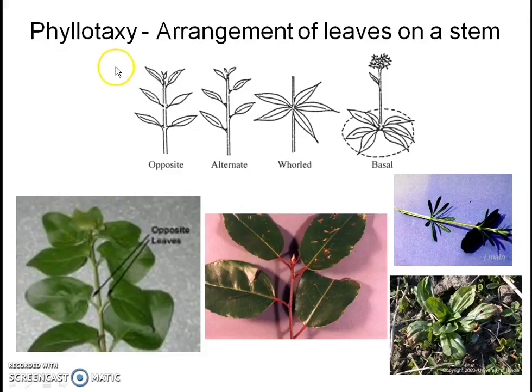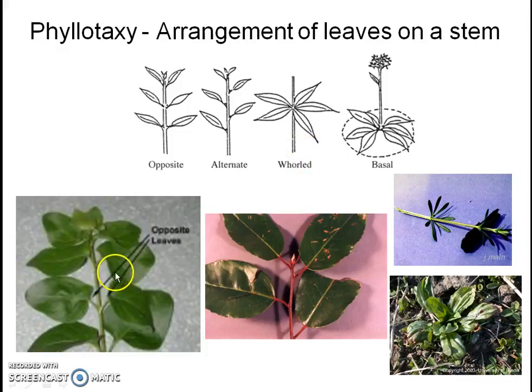The next is phyllotaxy, that is, the arrangement of leaves on the stem is known as phyllotaxy. Phyllotaxy is of three types: opposite, alternate, and whorled phyllotaxy.